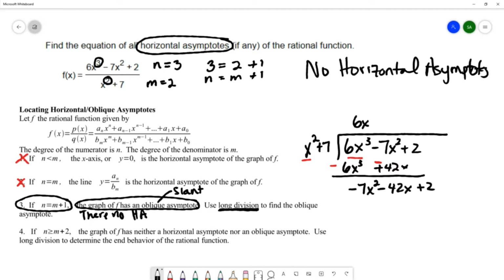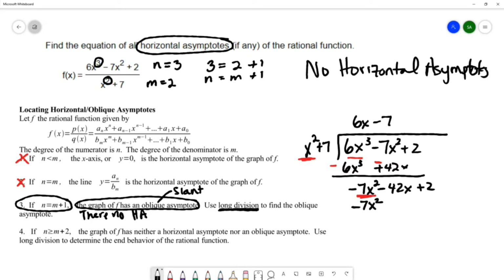And then we repeat that process over again. So I'm going to try to match this x squared with negative 7x squared with multiplication. So I'm going to do a minus 7. Minus 7 times x squared is minus 7x squared.